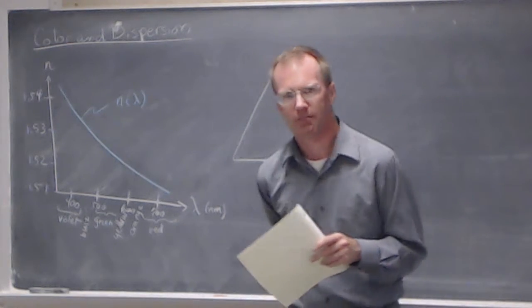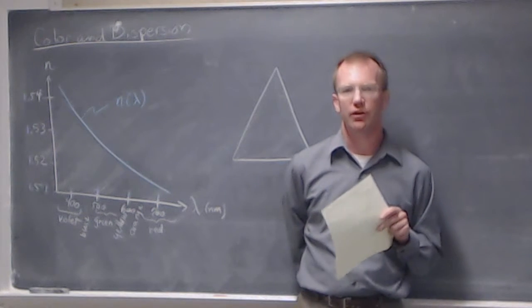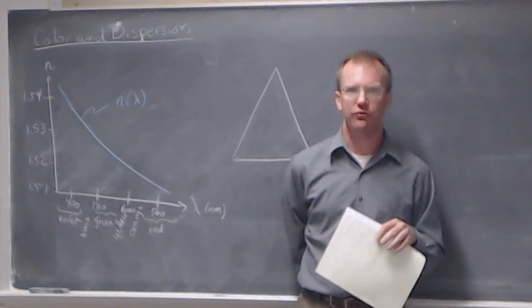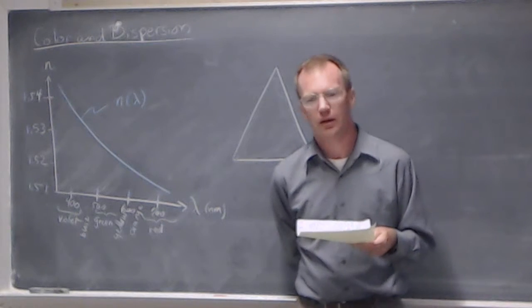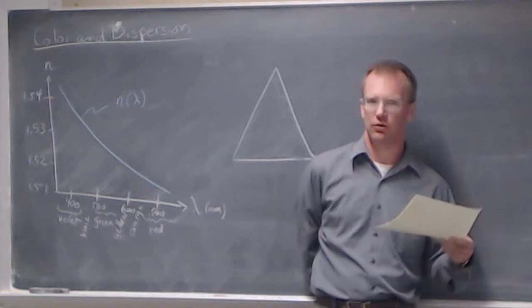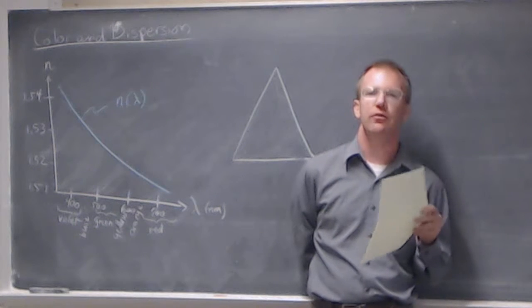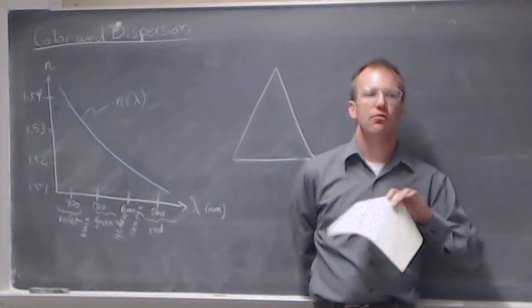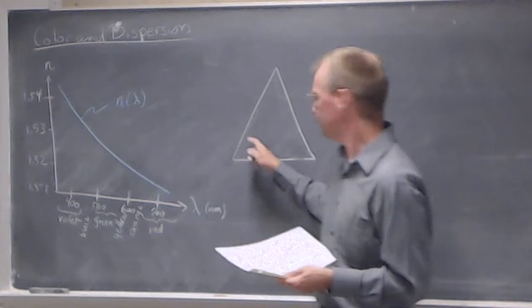Before Newton's time, he lived in the 16 and early 1700s, people had noticed that sharp-edged pieces of glass tended to make colors when you shine white light on them, but they thought that the glass was adding color to the white light, being colorless. Newton was the one who figured out that these pieces of glass, prisms and so on, were actually separating colors that were already there.